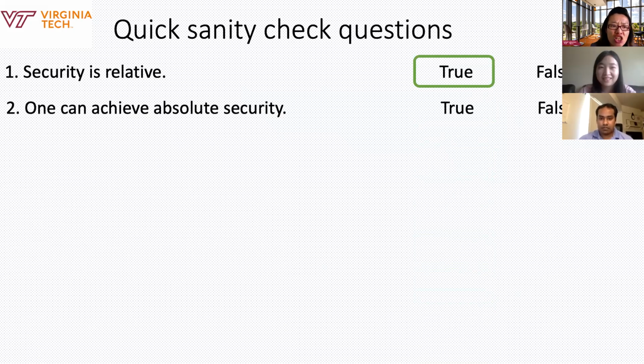One can achieve absolute security. False, right? Because we talked about how viruses, for example, are adaptive. They could change their behavior, and a lot of times in reality, attackers will try to circumvent your detection.